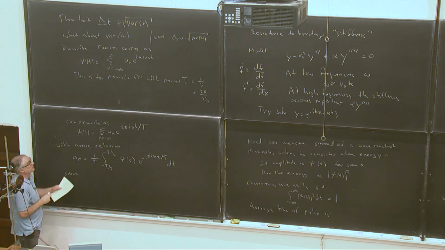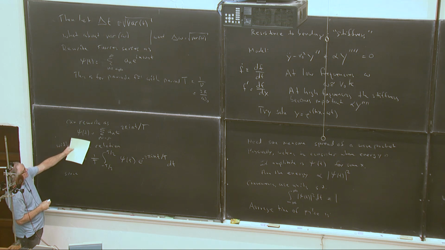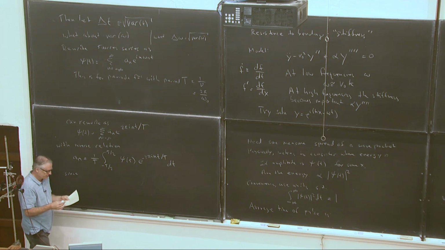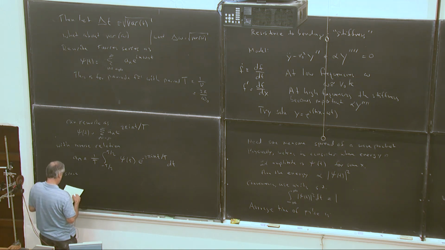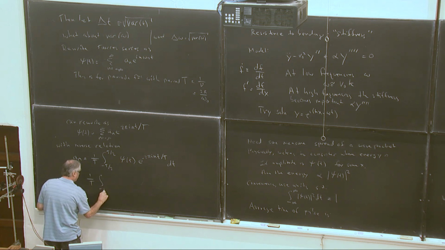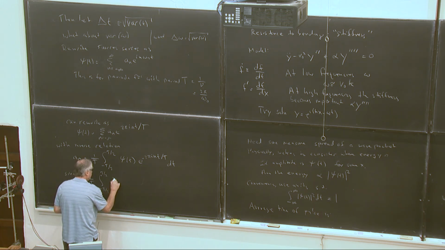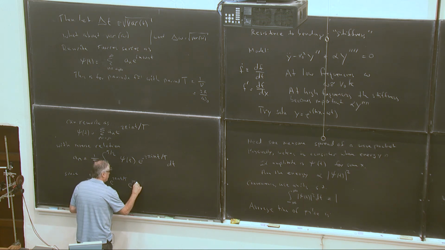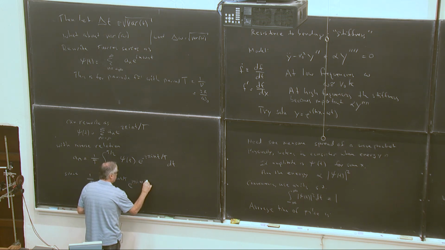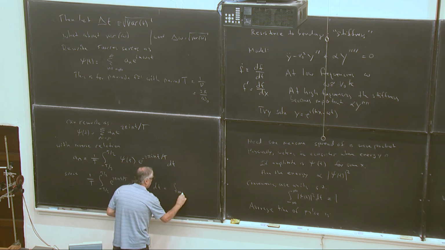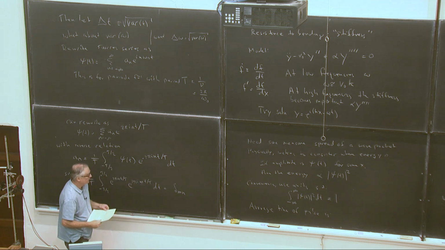And this holds because I have an orthogonality relation. And I'll write the orthogonality relation in terms of these exponentials instead of what we did before, which was in terms of cosines and sines. But it's the same relation. 1 over t times the integral from minus t over 2 to t over 2 of e to the 2 pi I nt over t e to the 2 pi I m t over t dt is equal to delta mn, Kronecker delta of m and n.